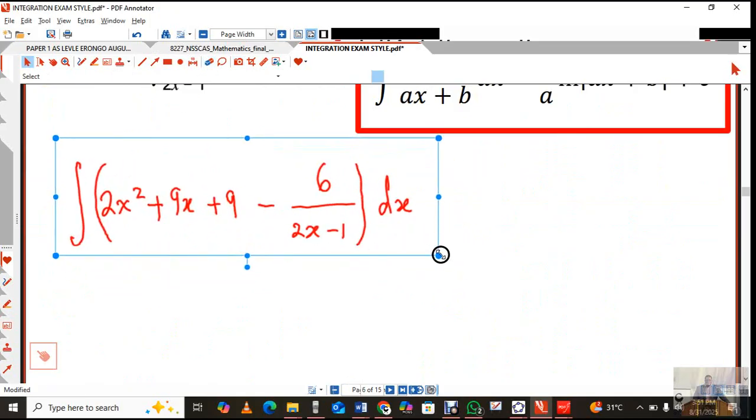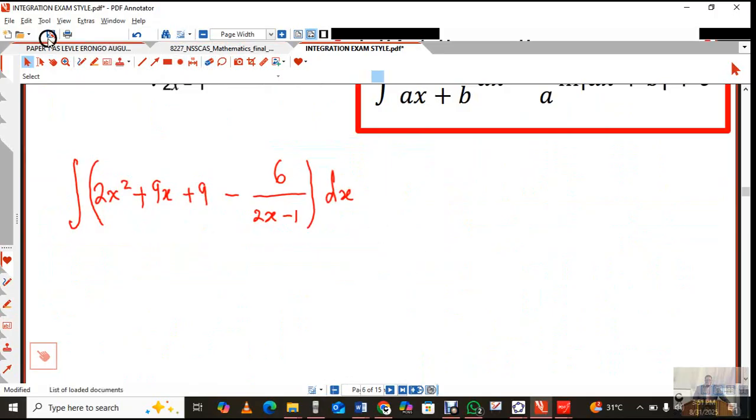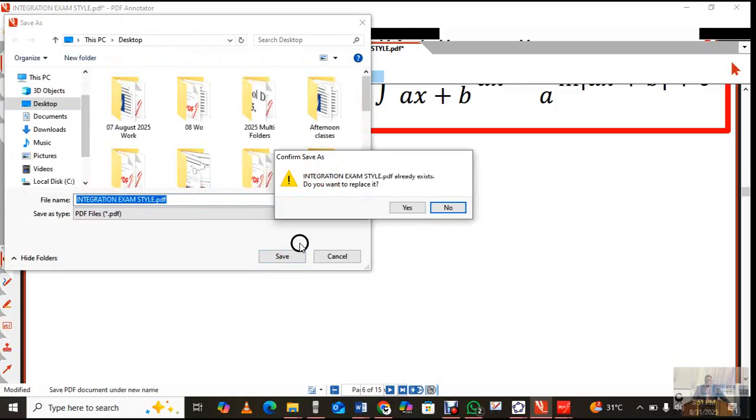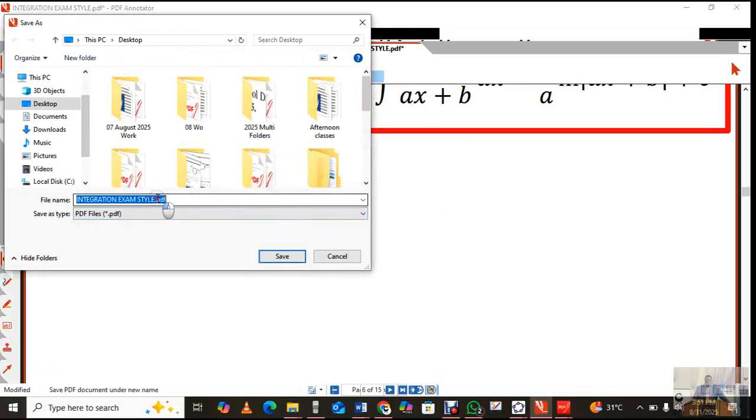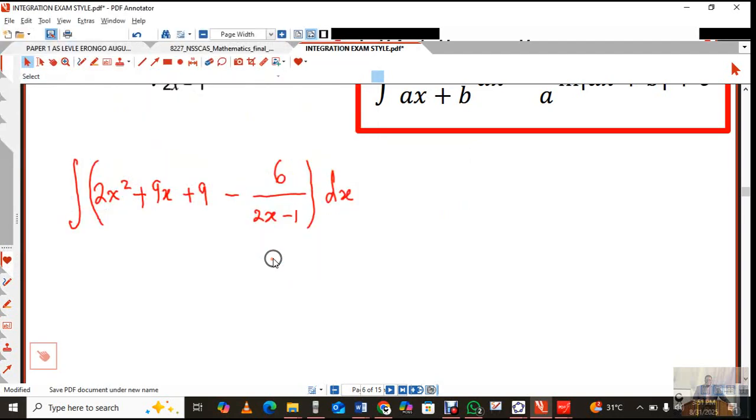Right, this is now what we are going to integrate. I have to continuously save before this thing gives me problems, because I can already feel it that it's about to give me a problem.